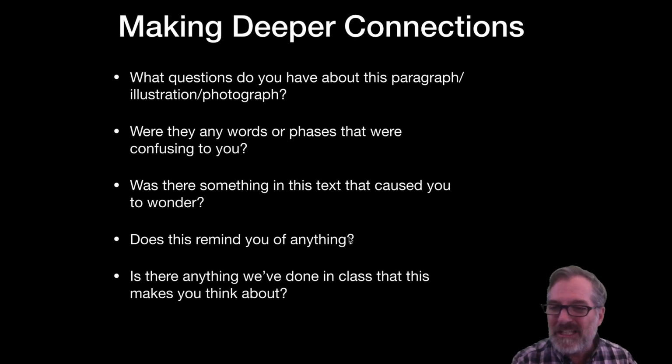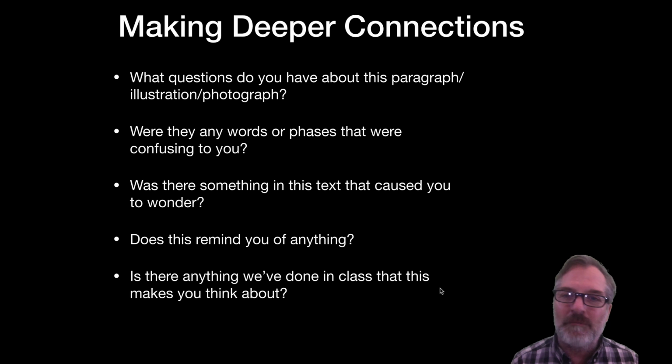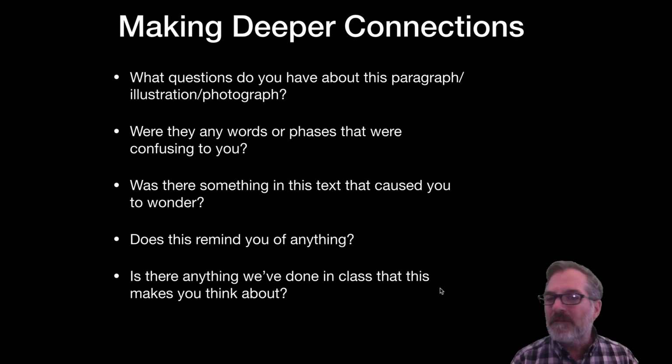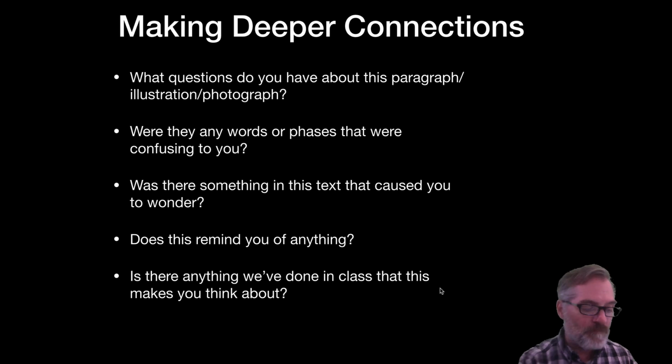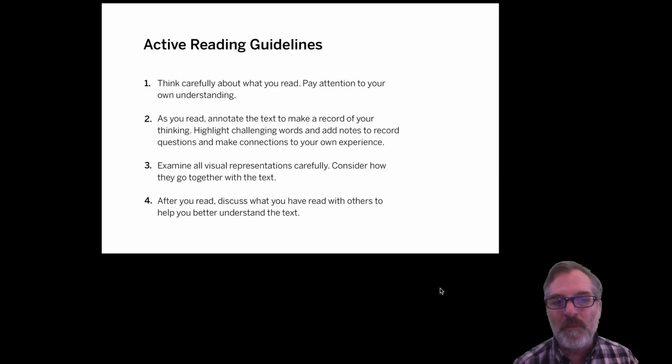It might seem really insignificant, but just write it down and it might really enrich the conversation and the discussion. And last, is there anything we've done in class that makes you think about this, especially what we've been doing with the moon jellies and everything we've been learning about the yeast and the crickets and all of those things? Can you see any of those connections in the article that you are about to read?